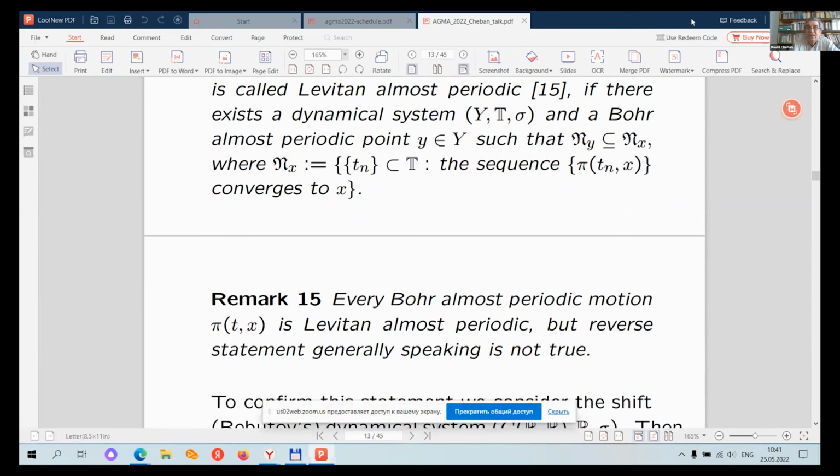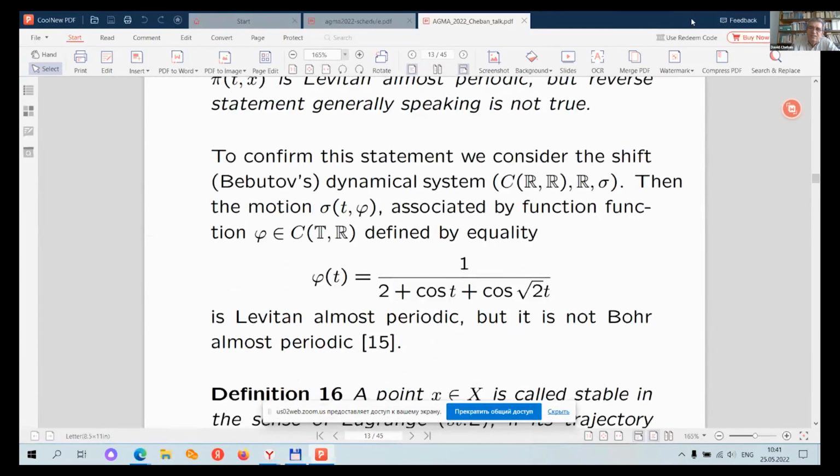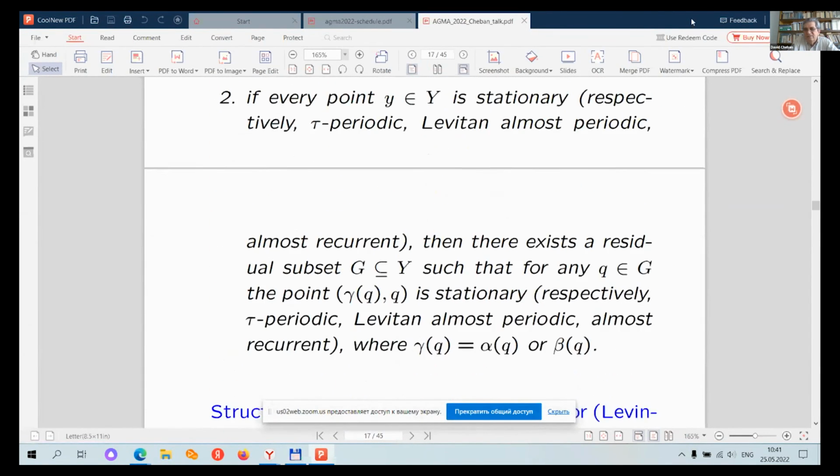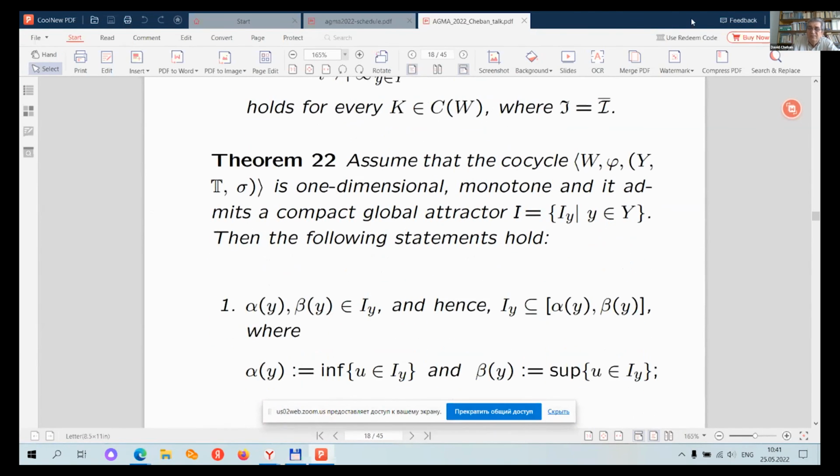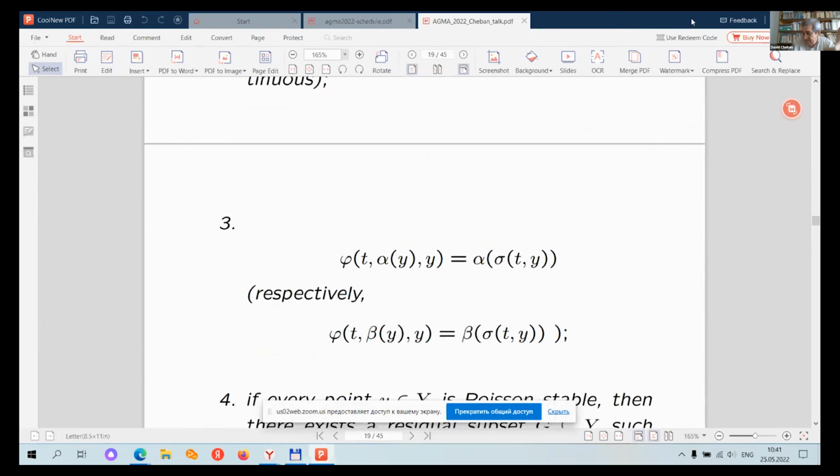As a result, I formulate the theorem describing the structure of minimal sets, the number of minimal sets of this type of dynamical systems. Finally, in the third part, I give some applications of these results to scalar differential equations and difference equations.